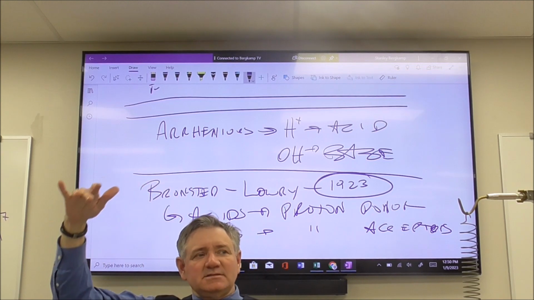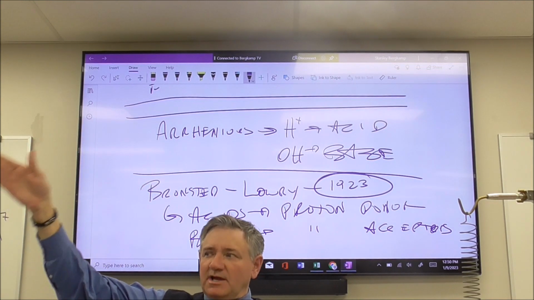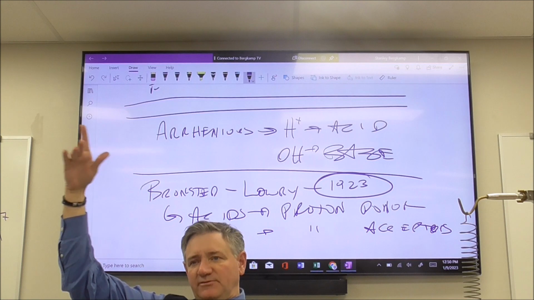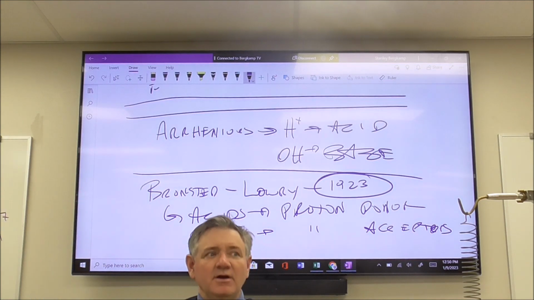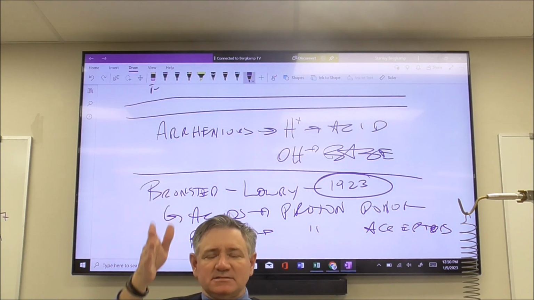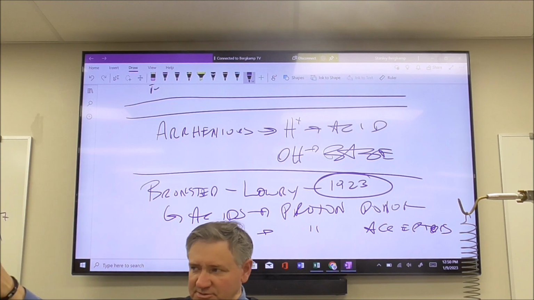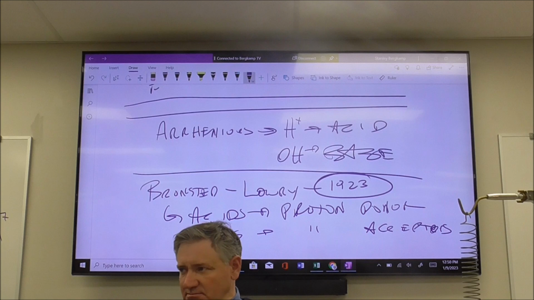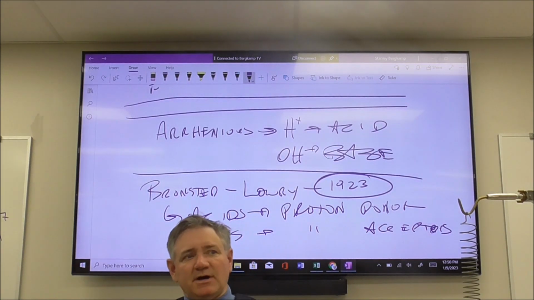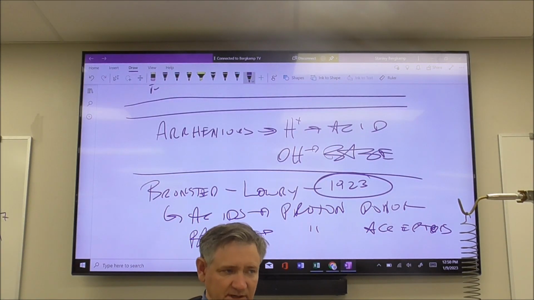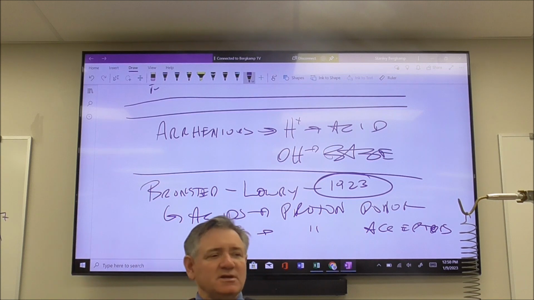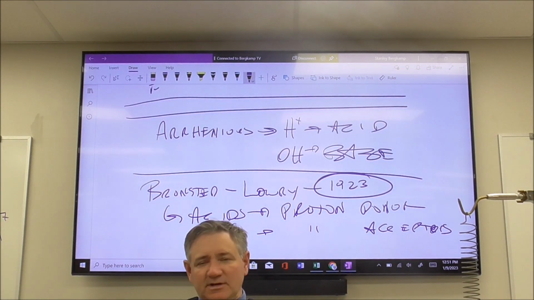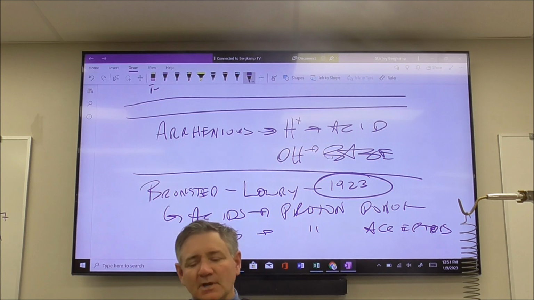Your acids start with hydrogen, like hydrochloric acid, nitric acid, sulfuric acid, acetic acid, so you recognize acids as starting with an H. Bases contain hydroxides: lithium hydroxide, strontium hydroxide, potassium hydroxide. So that's the simplest definition, the Chem 1 definition of acids and bases.